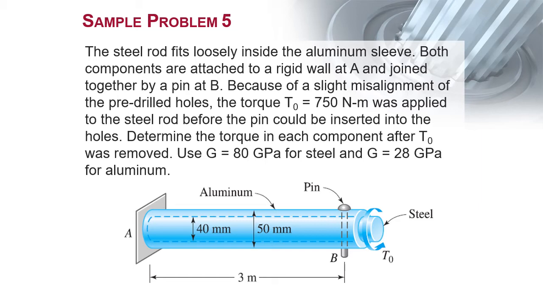We are asked for the torque in each component after T0 was removed. Use G equal to 80 GPa for steel and G equal to 28 GPa for aluminum. The given is also in the figure.